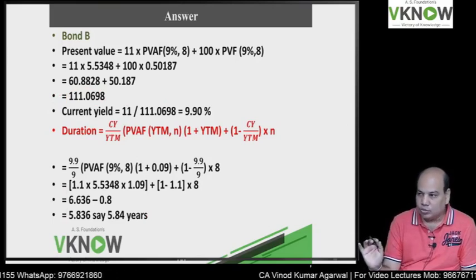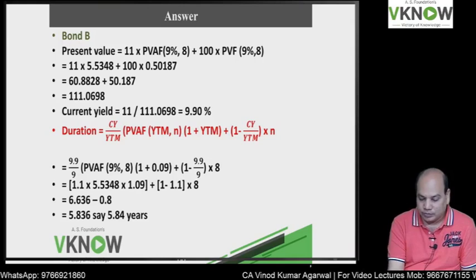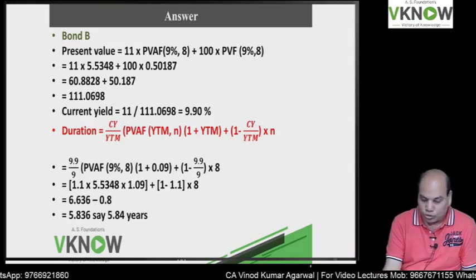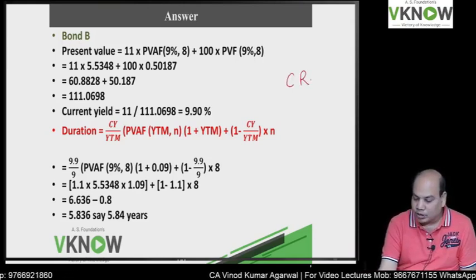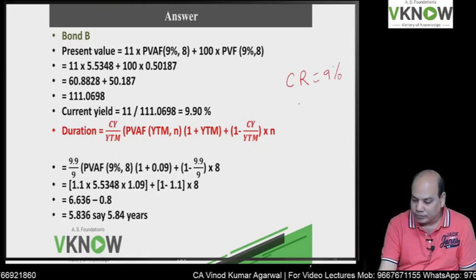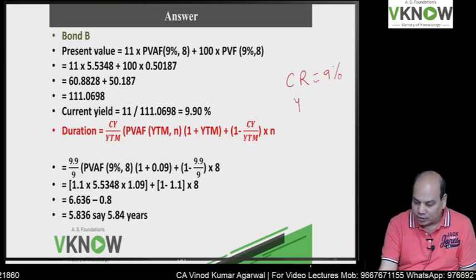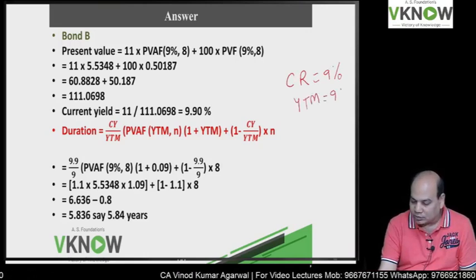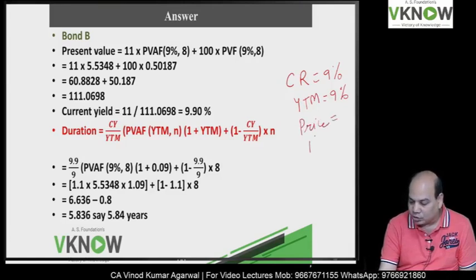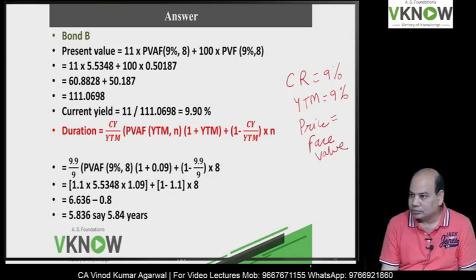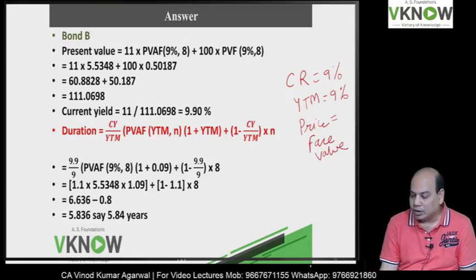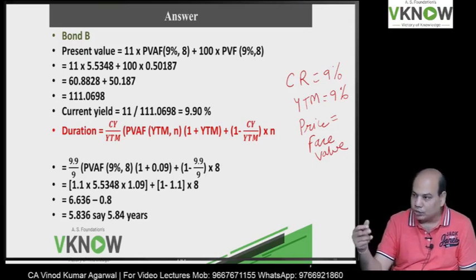Now I will tell you one more thing before I go to bond C. If suppose the coupon rate is 9% and YTM is also 9%, what happens? The price of the bond is equal to face value of the bond, correct? If coupon rate and YTM are same, the price of the bond will be equal to face value.